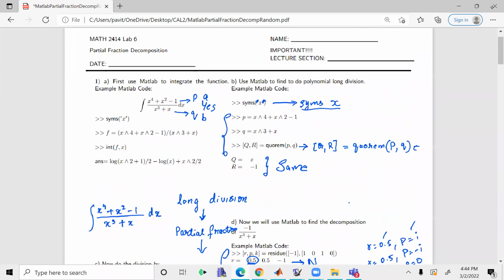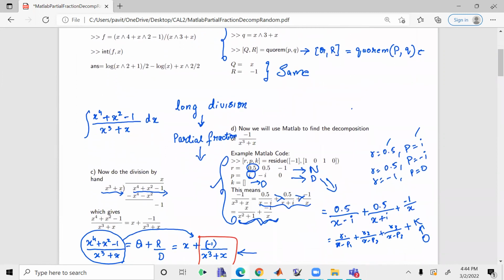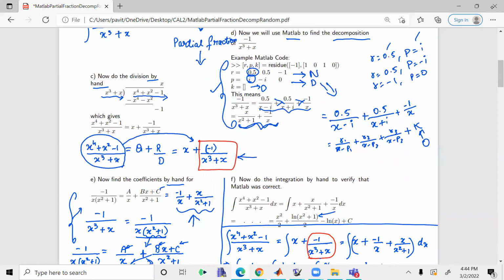Okay, so this was all about lab 6, problem 1. To summarize, first 1A is you're going to integrate the given function using MATLAB, and you will perform long division using MATLAB, and then you will perform long division by hand also, and then partial decomposition using MATLAB and by hand.